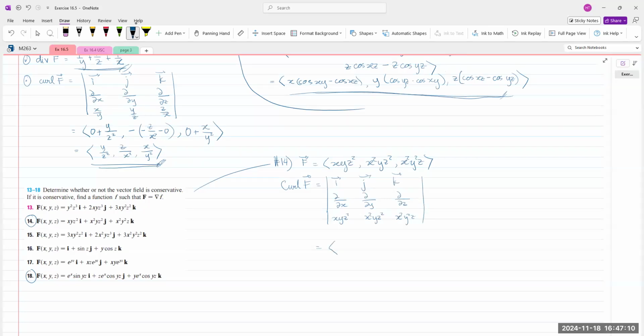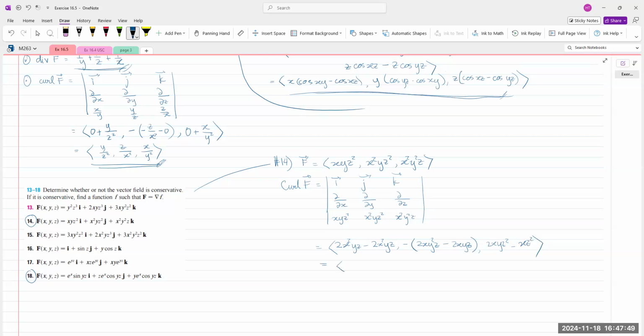That will give me 2x squared yz minus 2x squared yz, comma, negative of 2xy squared z minus 2xyz squared. It's not, so it is not. And then this will be 2xyz squared minus x z squared.